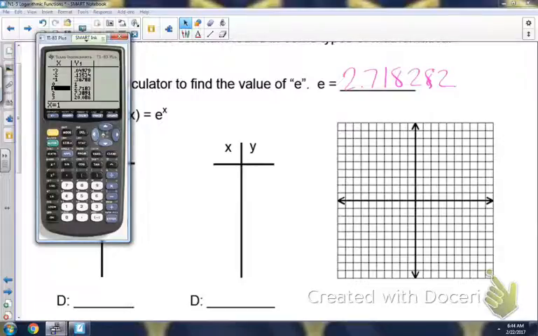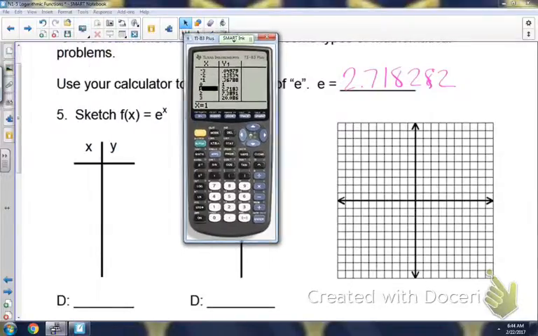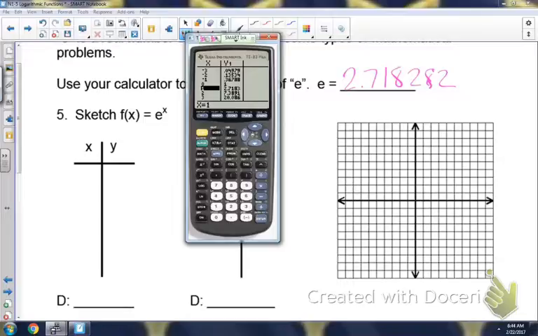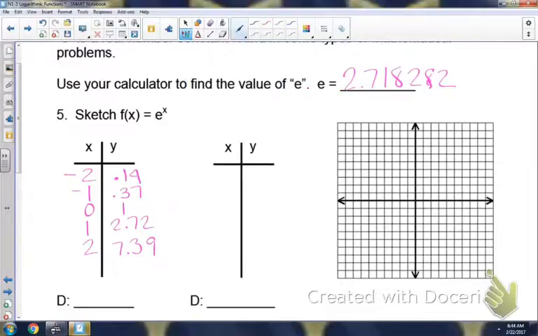Let's just go from -2 to 2. So when x is -2, we'll round to 2 decimal places, 0.14. -1 is 0.37. 0 is 1. 1 is 2.72, and 2 is 7.39. So we're going to go ahead and graph those points.